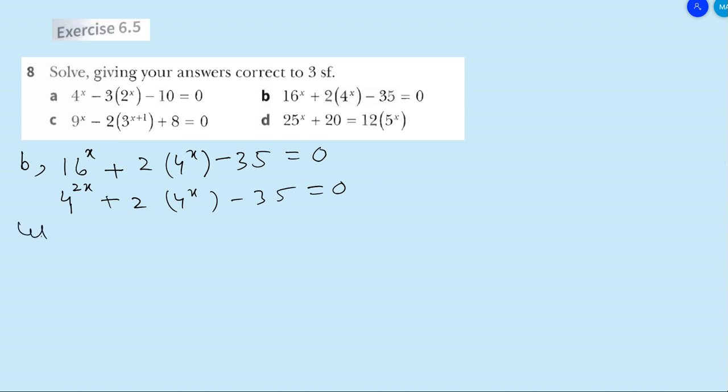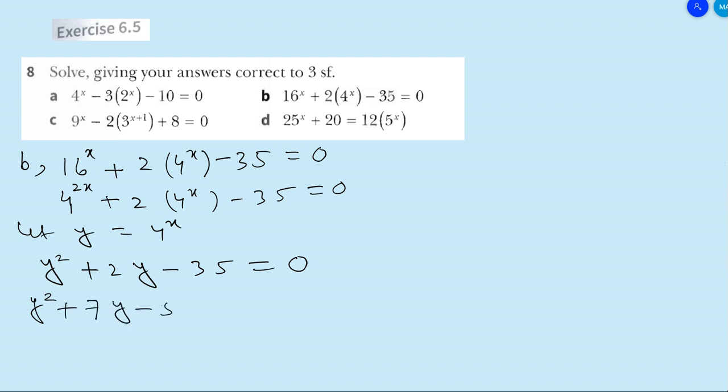Let y be equal to 4 to the power x. It will be y squared plus 2y minus 35 is equal to 0. 35 is 1 times 35, or 7 times 5, and 7 minus 5 is 2.